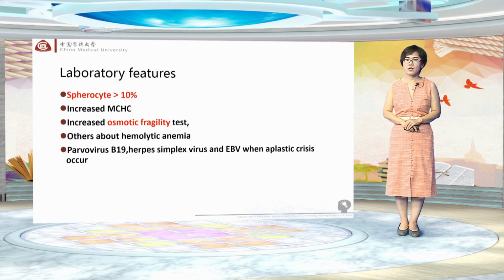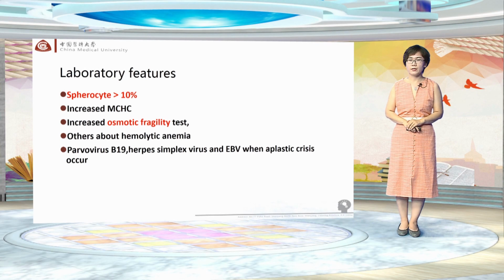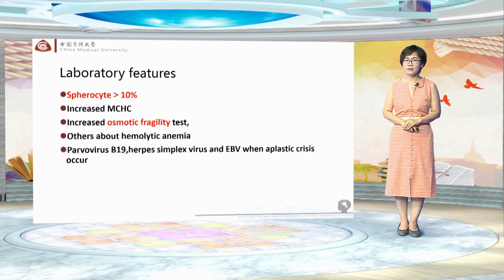In this test, red blood cells are incubated in hypotonic buffered salt solutions of various osmolarities, and the fraction of hemoglobin released due to hemolysis is measured. The test takes advantage of the increased sensitivity of spherocytes to hemolysis, which is due to their reduced surface area to volume ratio.